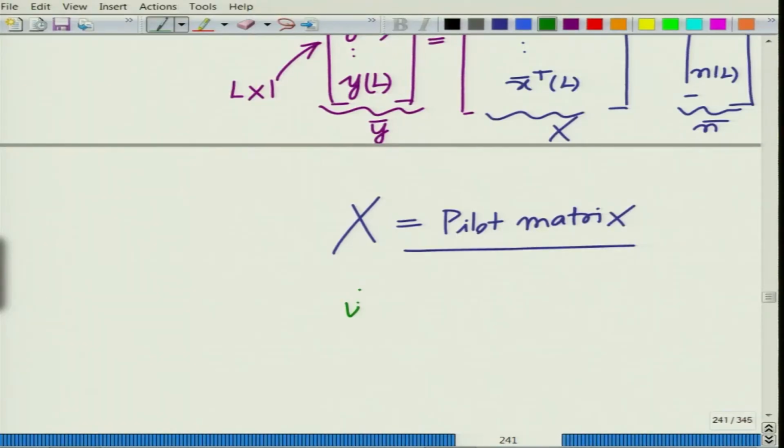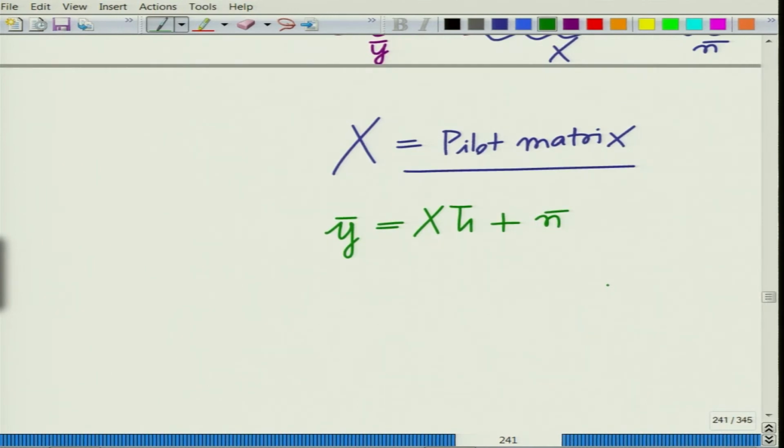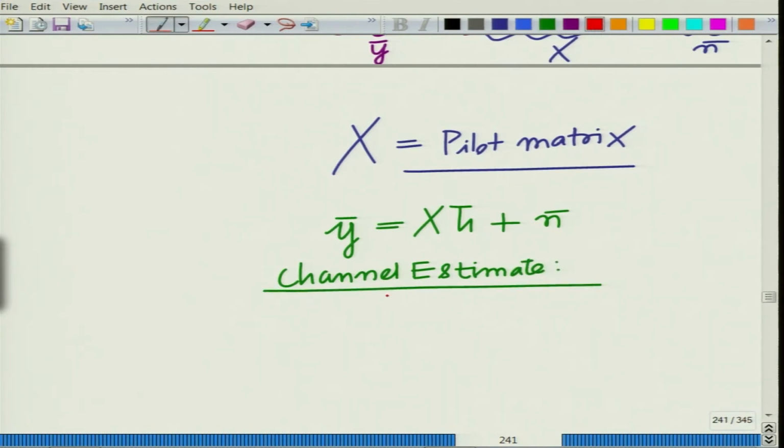And so, once again you have this interesting model y bar equal to X H bar plus N bar, where X is the pilot matrix. Now, the channel estimate for this situation can be determined as, let us denote this by H hat.